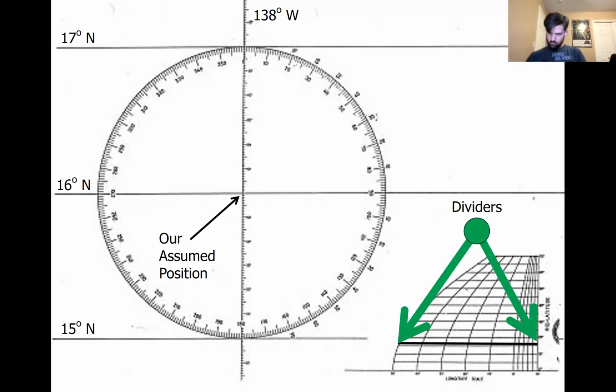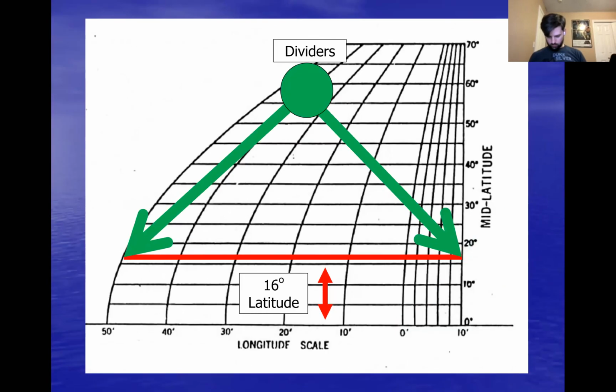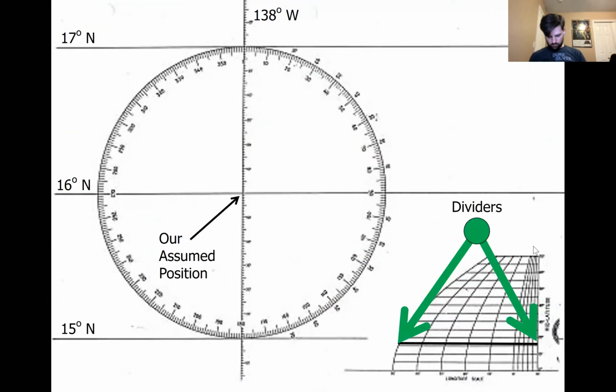What we need to do is ask, what is our latitude? Our latitude is 16 degrees. So if you look at, whoops, I keep forgetting, got to turn on annotation before I touch the screen. You see these numbers right here. It starts off at 0, 10, 20, 30, 40, 50, 60, and so forth.